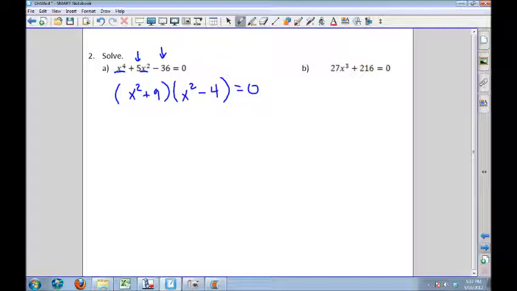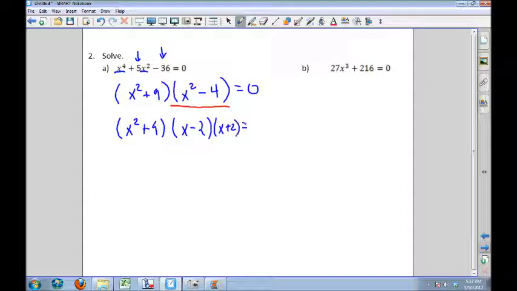But then I'm going to notice that I'm not quite done factoring because x squared minus 4 is actually a difference of two squares. So x squared plus 9, x minus 2, x plus 2 equals 0.